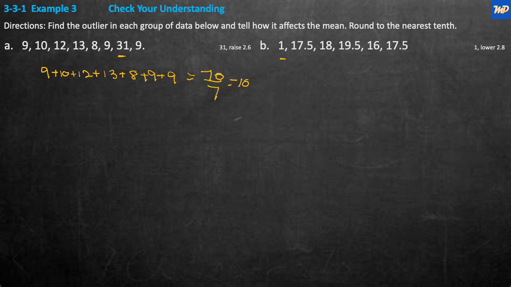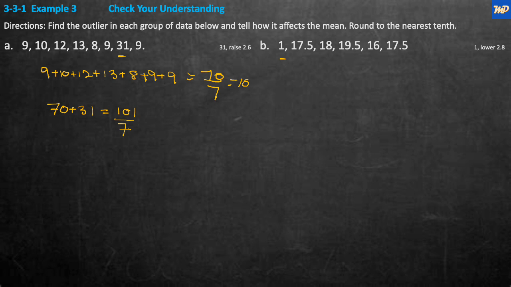So now we have 70, and we're going to add the outlier, which is 31. So 70 plus 31 is 101, divided by 8 this time.